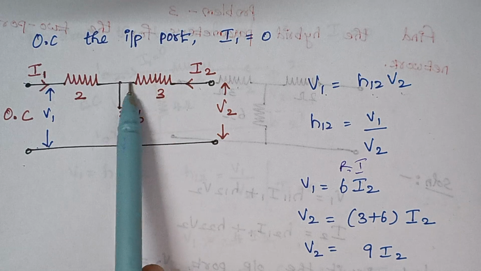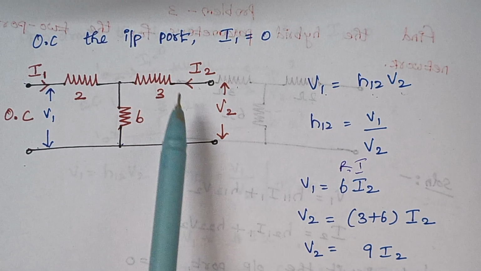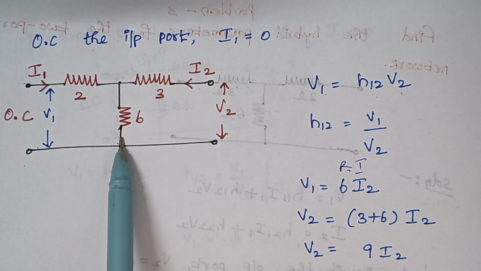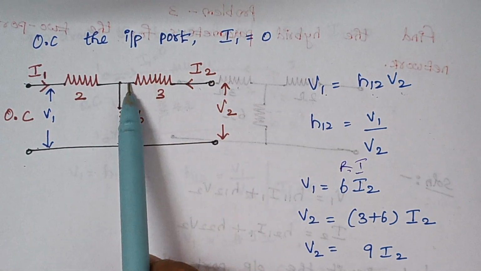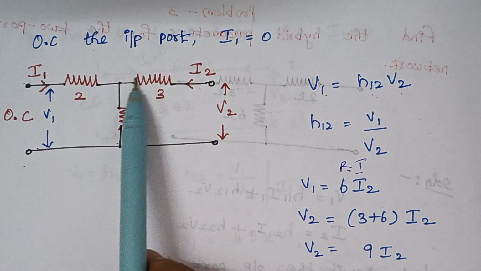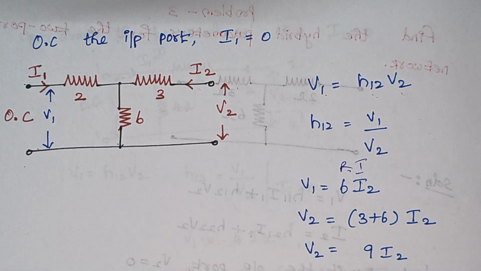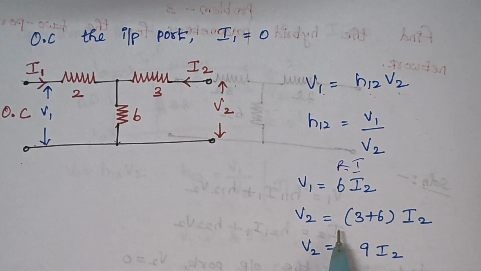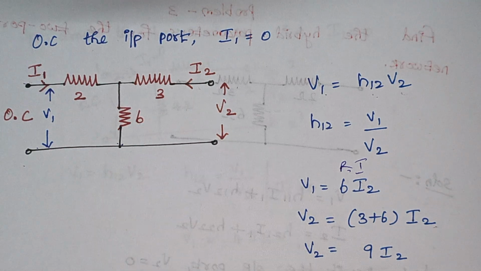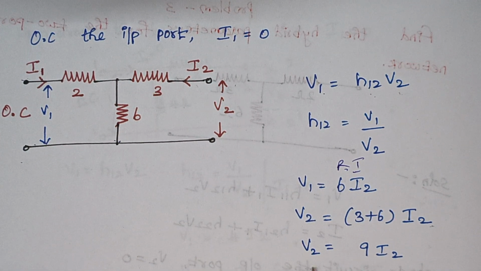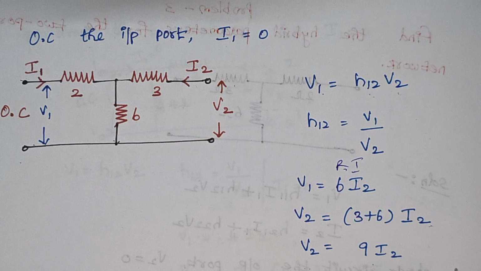Here we are considering only these two resistors, which are connected in series. When the current never divides at this node, obviously the entire current that flows through this 3 ohm will flow through this 6 ohm. So the value of V2 is I2 into 3 plus 6, which is nothing but V2 is equal to 9 into I2.